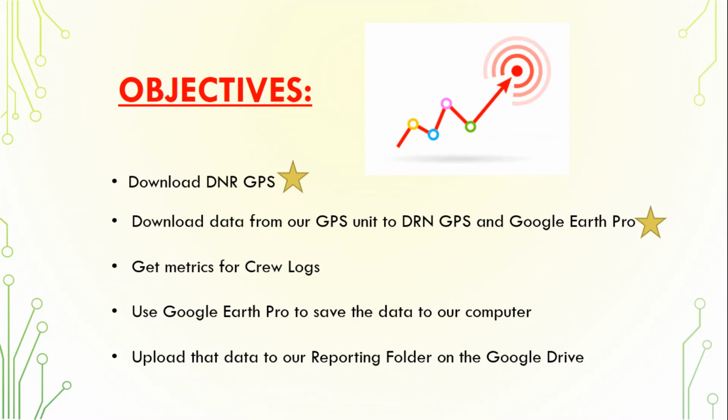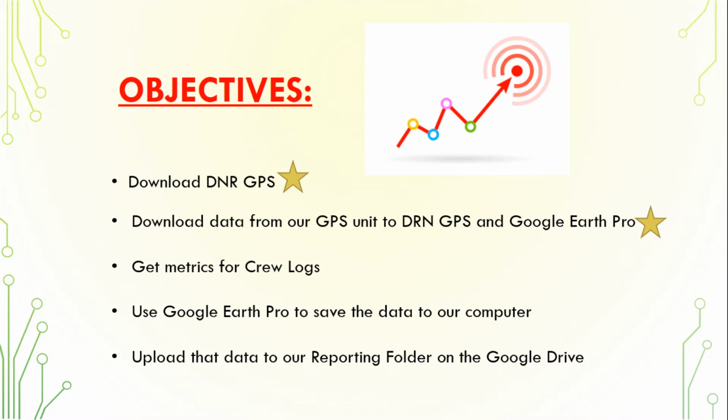Let's go ahead and revisit our objectives one last time. So we've already seen that we've met the first and second objective of downloading DNR GPS and then taking the data from our GPS and putting it into Google Earth Pro via DNR GPS.